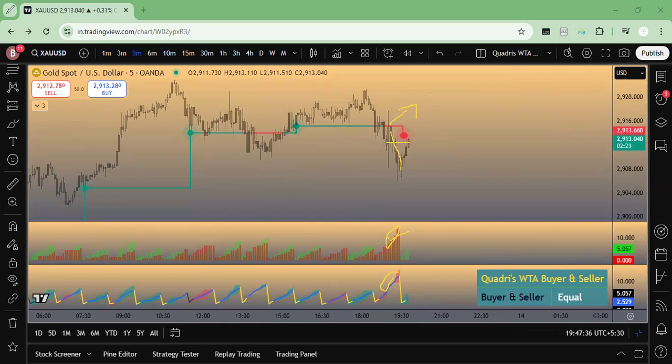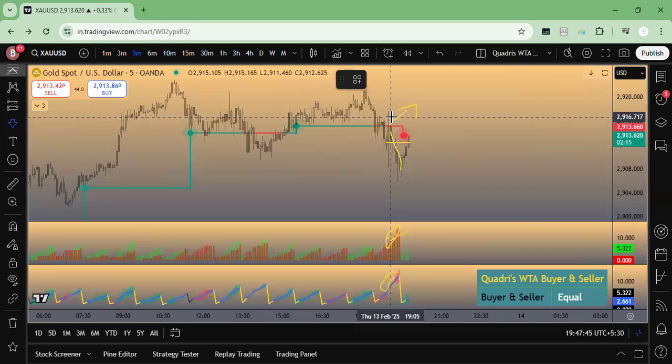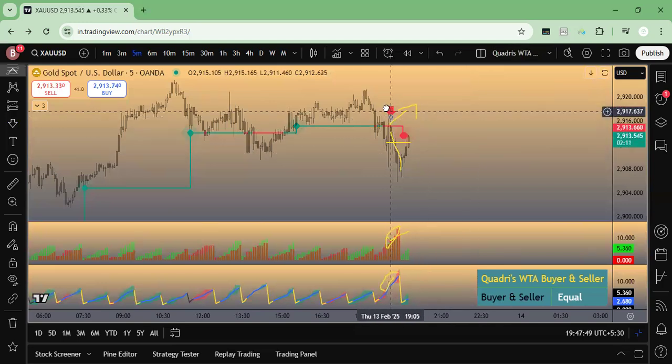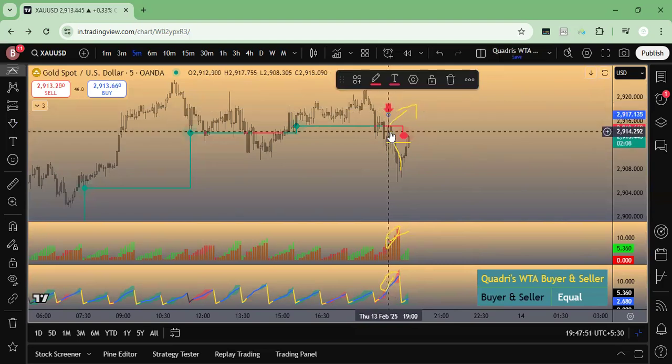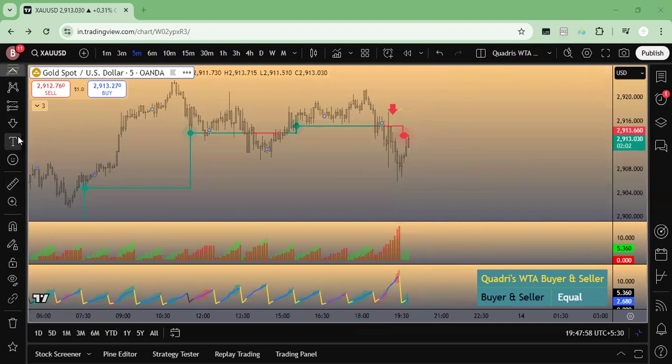Now if I initiate, for example, we'll apply the tool to it so that we can see. Arrow down. This would be the trade either on this or on the close of this particular candle, either of any. So one second, let me get rid of the drawings.